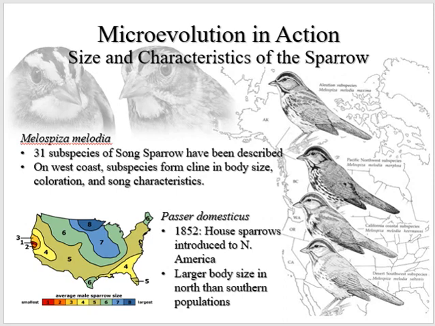And with the house sparrows, the most notable difference is body size. Right, so house sparrow populations in northern regions typically are larger bodied than sparrow populations that are more southern occurring.